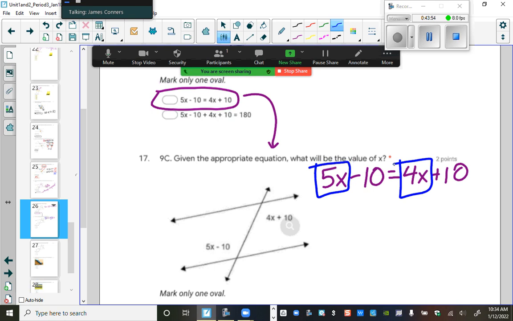So over here, plus 10's on. Right side equals 10. Be careful. What's the opposite? Opposite of negative 10. Opposite. That's going to change your answer.